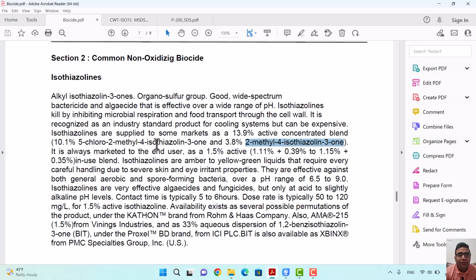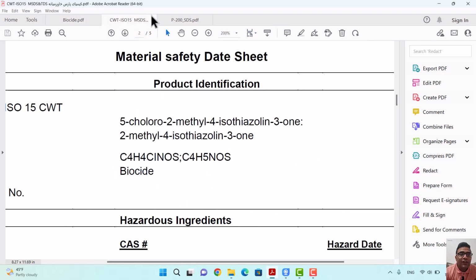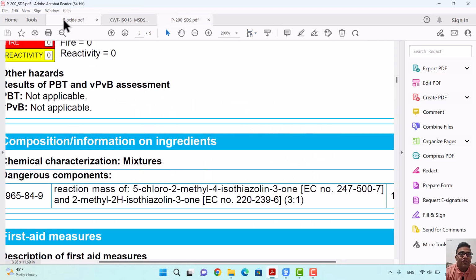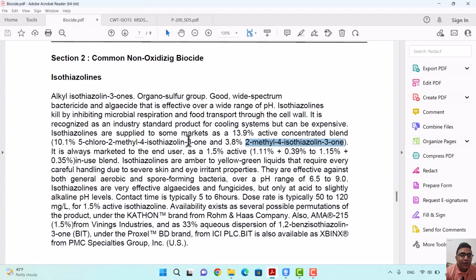The same for all of these manufacturers, and for this catalog. As I said, it is supplied to the market as a 14% active concentrated blend, but to the end user it is 1.5% active.